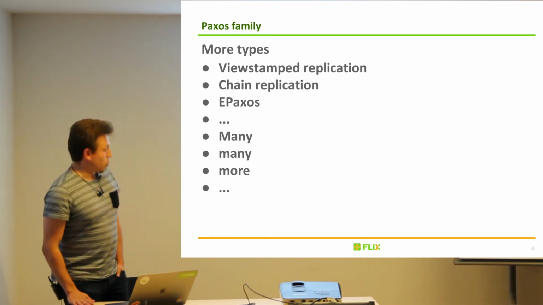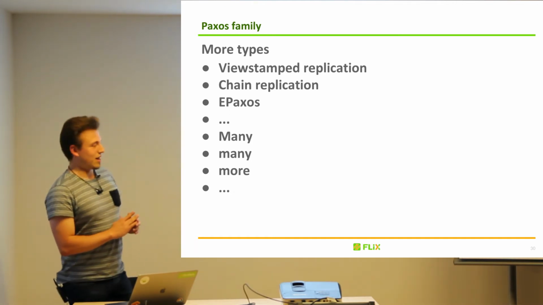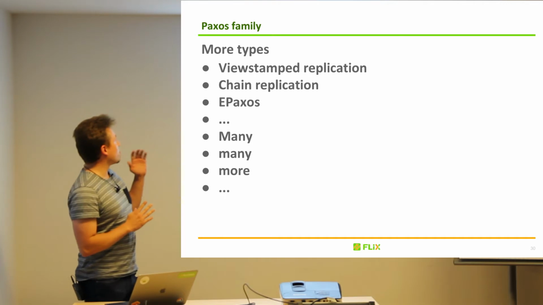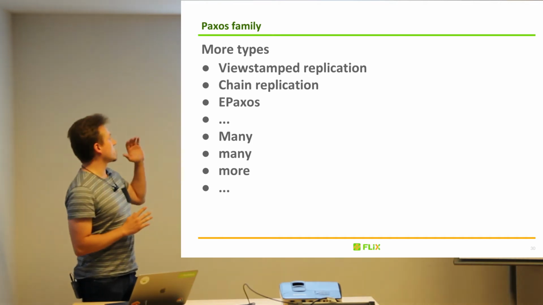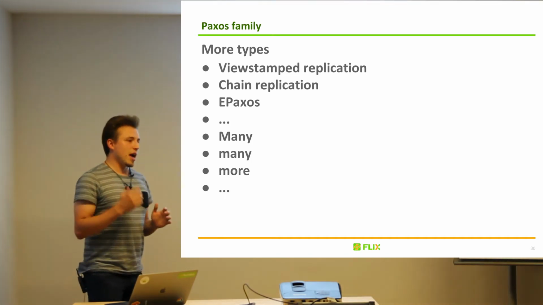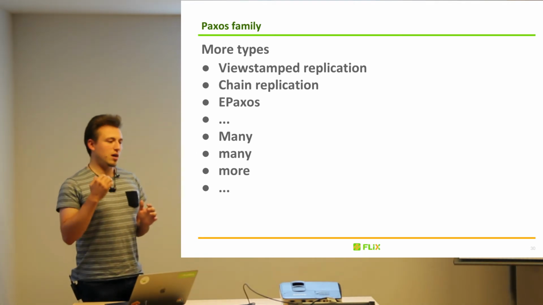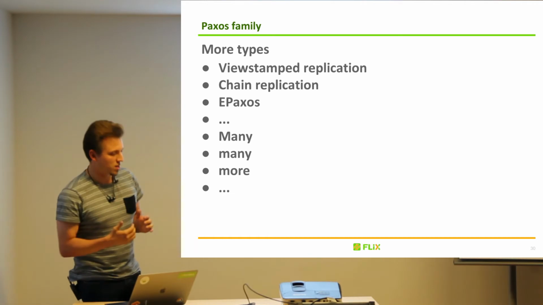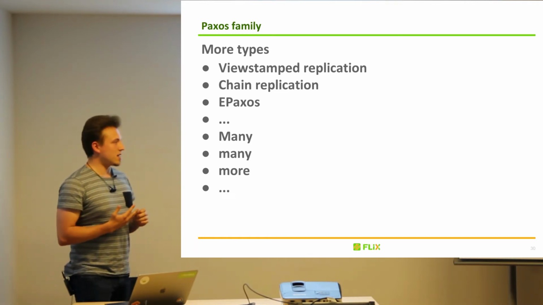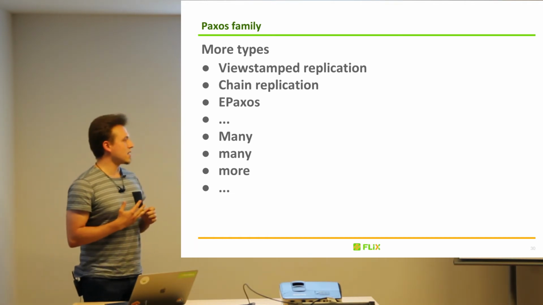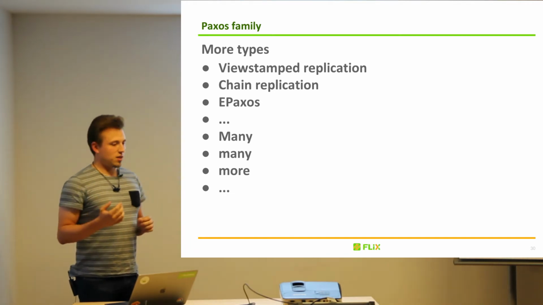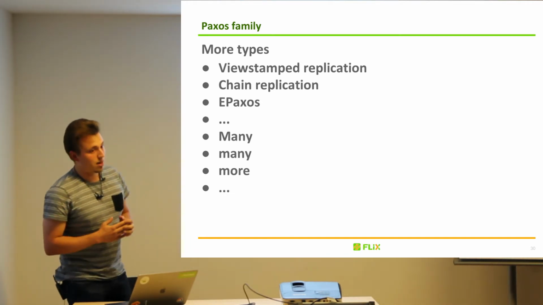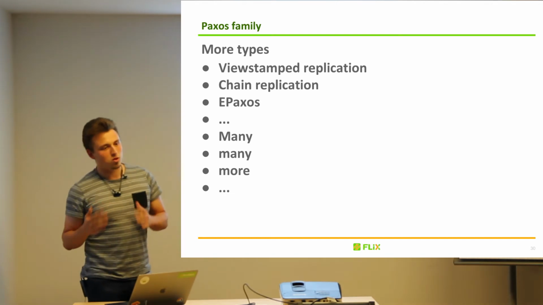There are many more versions of Paxos. Most notable one is viewstamped replication, where even reads apply some change to the state. There are some counters, and that improves consistency and lets the algorithm cut some corners in order to improve performance.